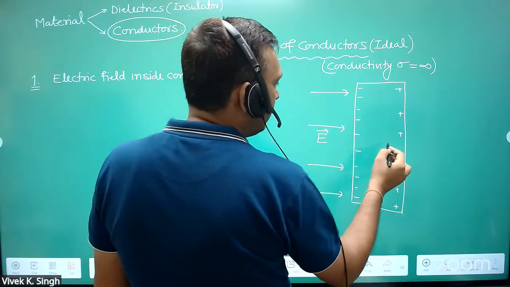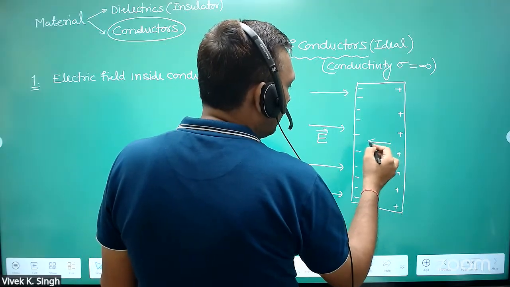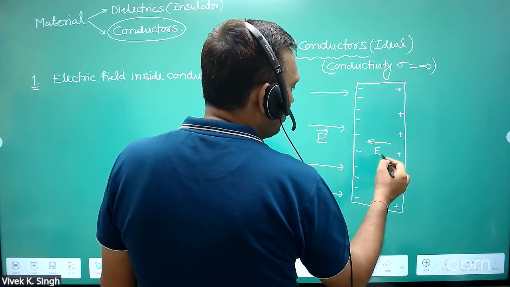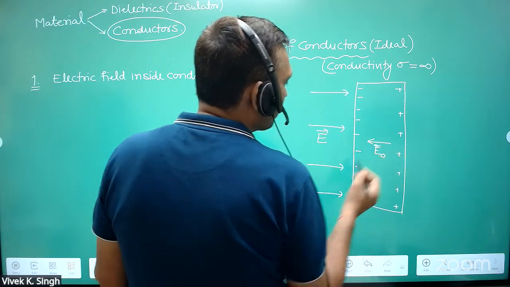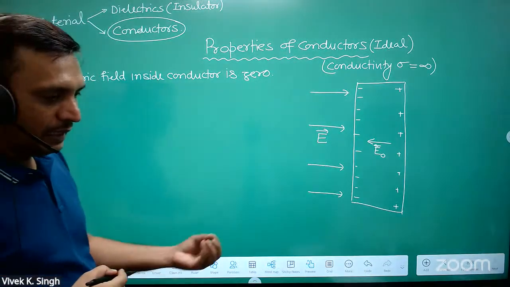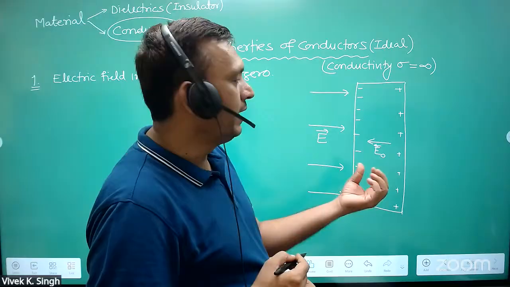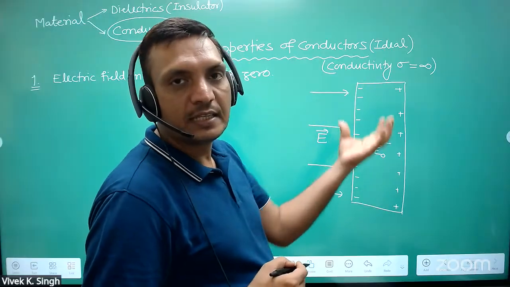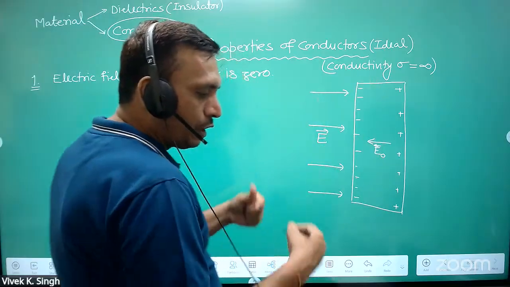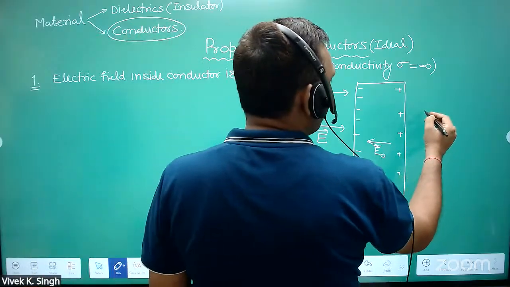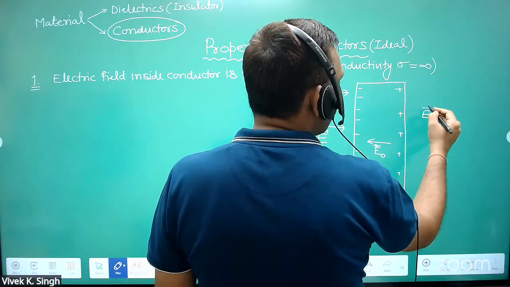As a result, an internal field E naught will develop. This field keeps increasing as charge accumulation keeps increasing, and in the equilibrium situation E is equal to E naught.